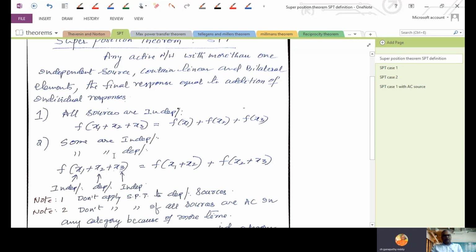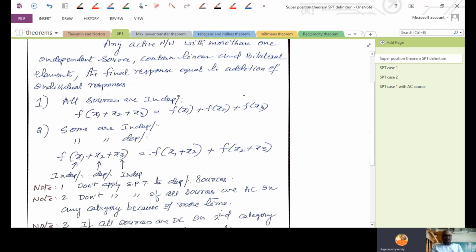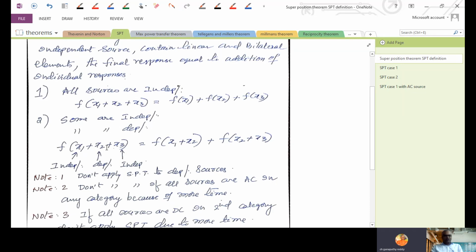The second case is some are independent, some are dependent. Out of x1, x2, x3, say x1 and x3 are independent sources and x2 is dependent. Because of this dependency, don't apply the superposition theorem to the dependent source. So what you have to do is f of x1 plus x2 as one set, plus f of x2 plus x3.